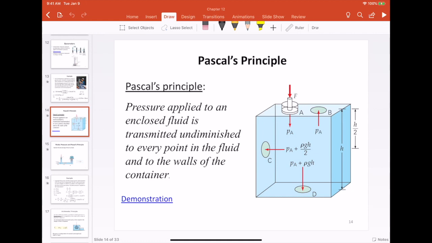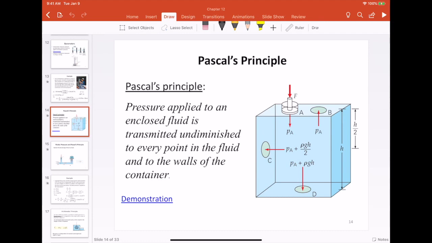This would not have happened if instead of the fluid, you had a gas inside the container. If you apply pressure to one point in a gas, then the gas can easily compress, and so other points in the gas would not necessarily feel the same pressure. Since this does not happen in a fluid, what you can conclude from here is that a fluid is incompressible.